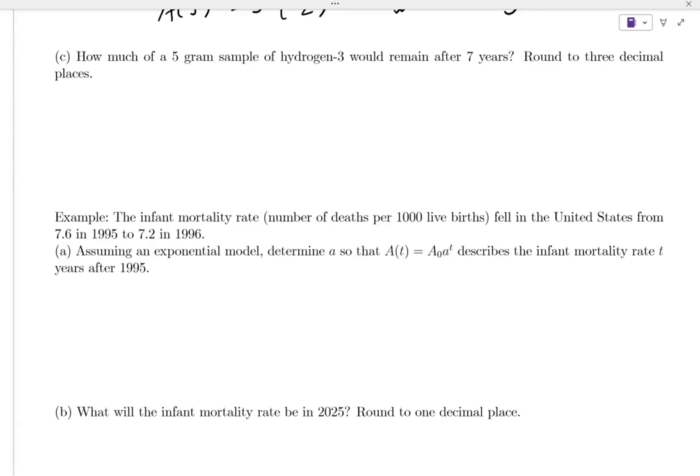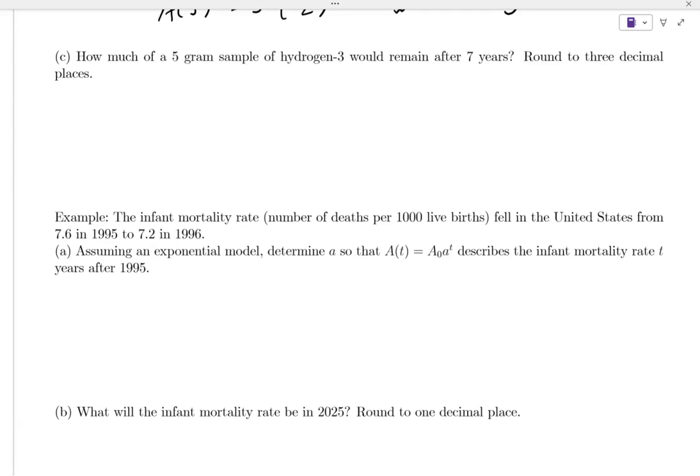It was 7.6 in 1995 and 7.2 in 1996. So this one says, assuming that we have an exponential model, which means that we have this form for our function, we want to find a model that describes the mortality rate a certain number of years after 1995.